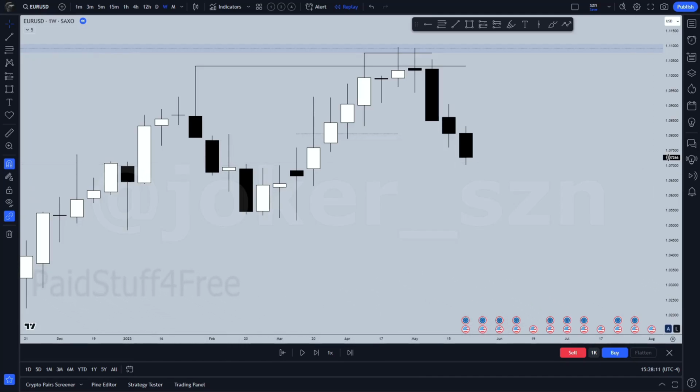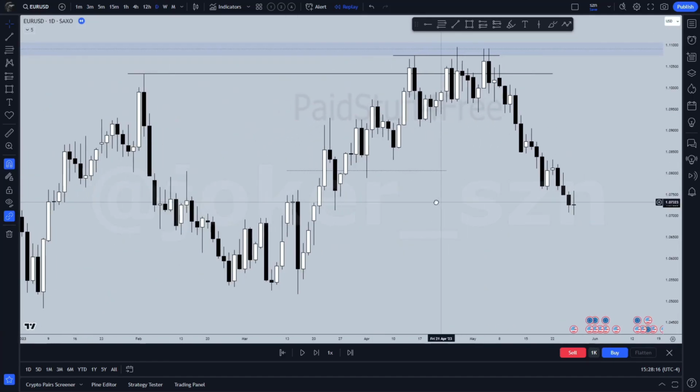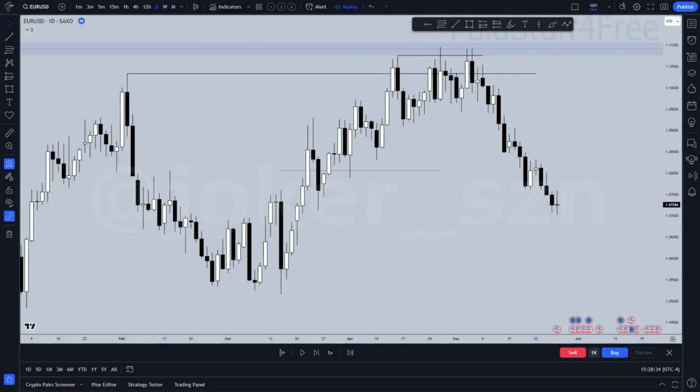If we then go down to the daily time frame, we can see that we have here the weekly high, we take that high out, and then we had this last swing low right here, which is also the swing low that created this last high here, taking liquidity from this level. And you can also see how we perfectly respect that 0.5 level of this monthly fair value gap, right?